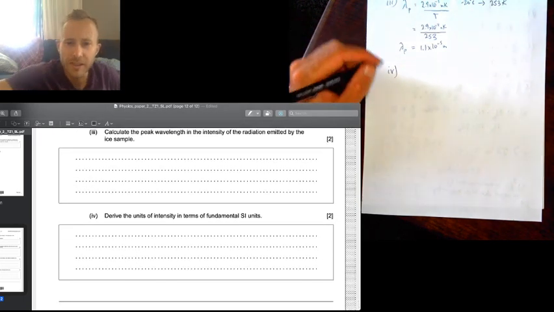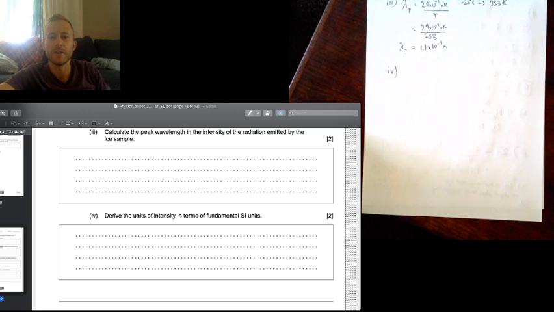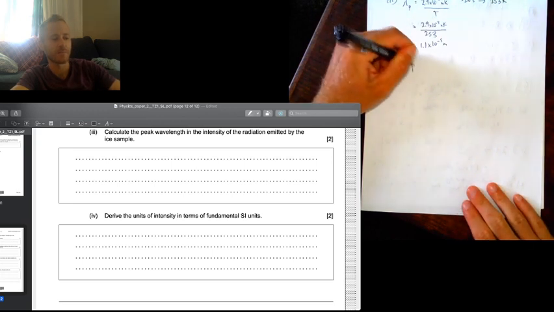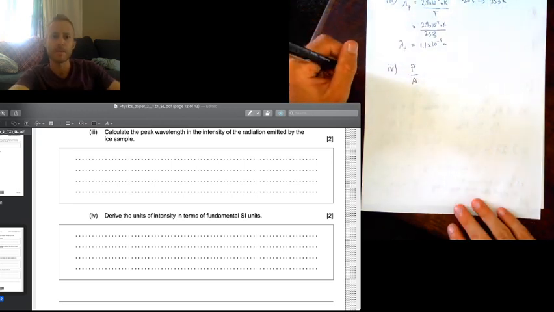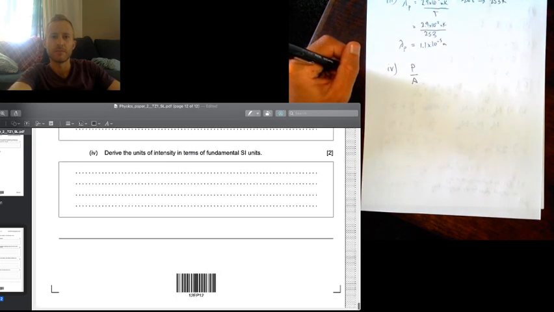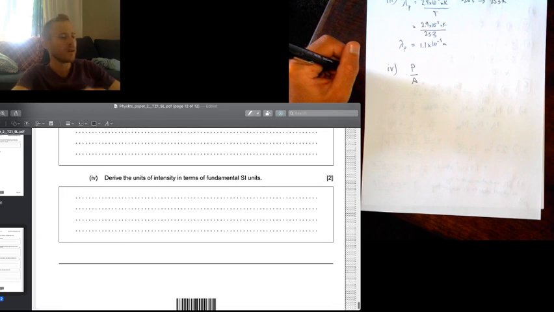Derive the units of intensity in terms of fundamental SI units. So intensity is power per area. Is this the last part? Yes, it's the last part.